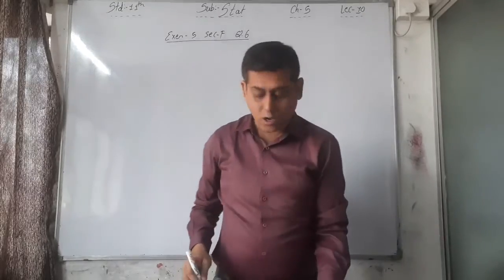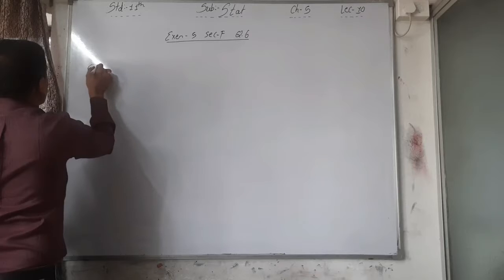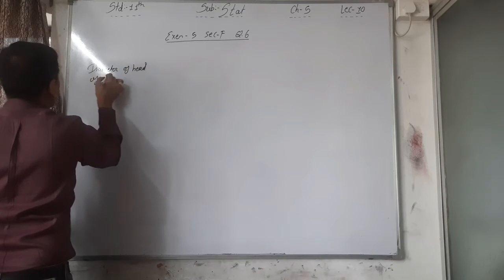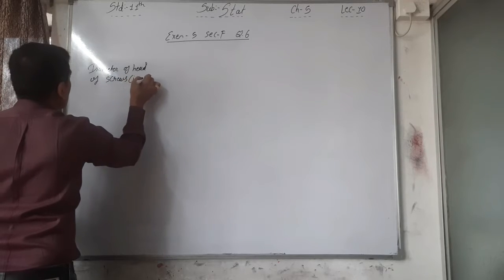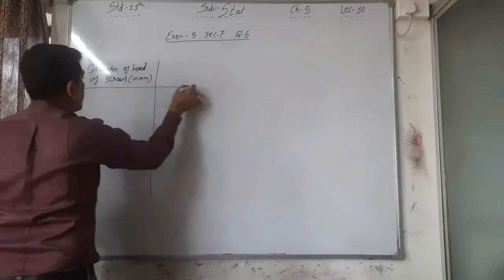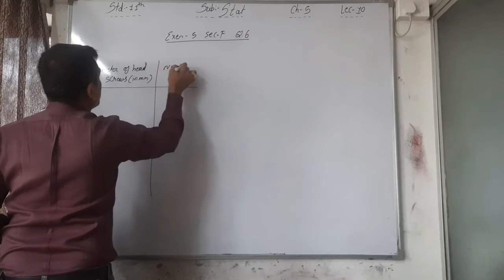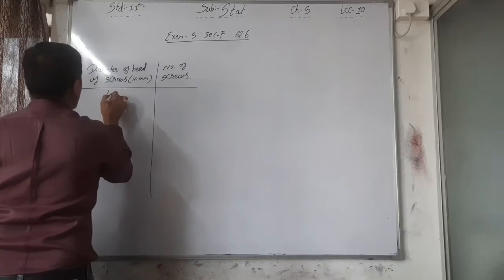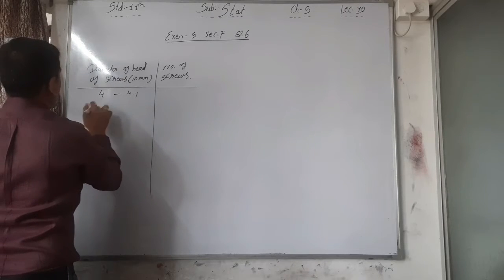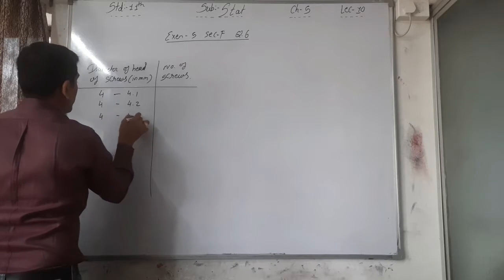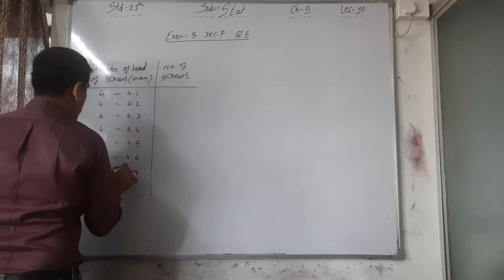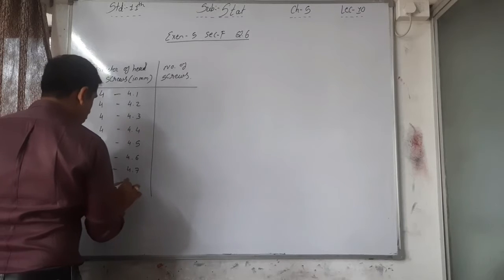The diameters of the head of the screw are given, and the number of screws. 4 to 4.1, then 4 to 4.2, 4 to 4.3, 4 to 4.4, 4 to 4.5, 4 to 4.6, 4 to 4.7 and 4 to 4.8.